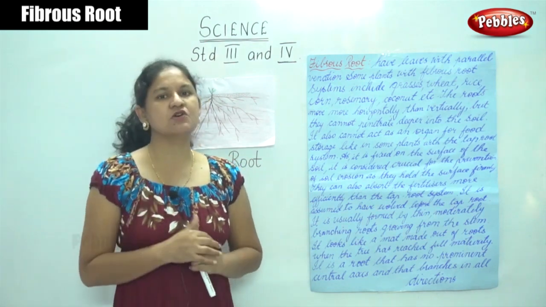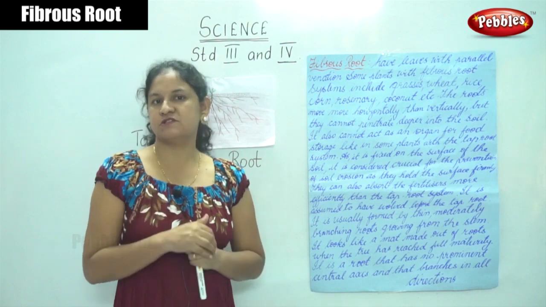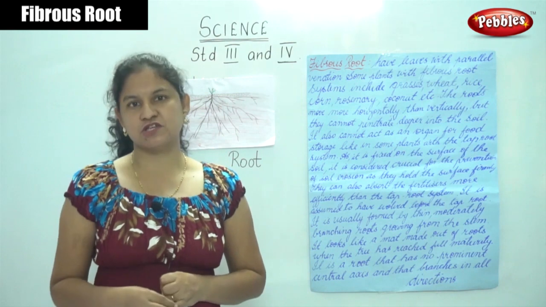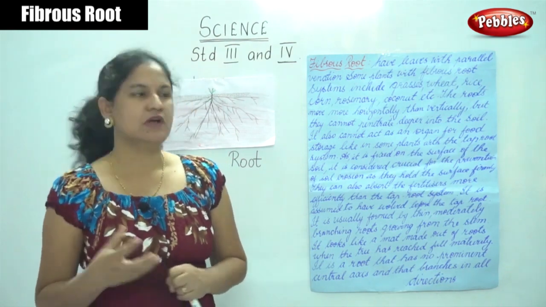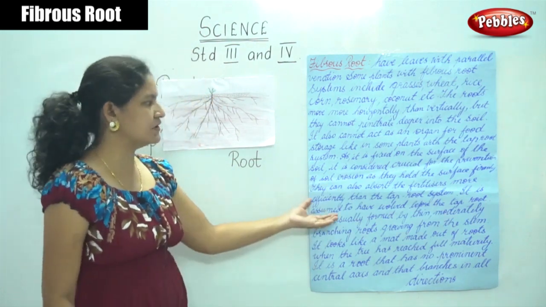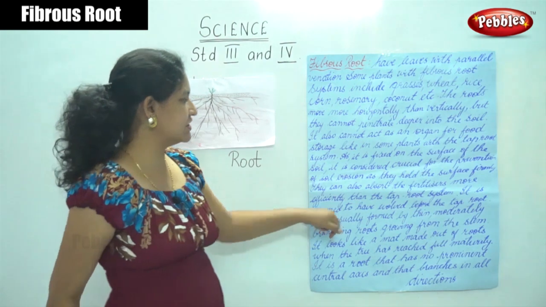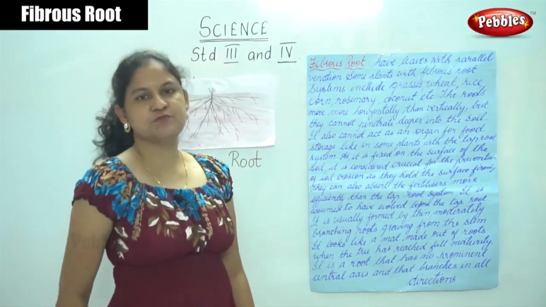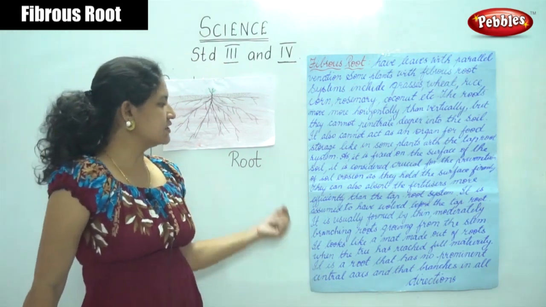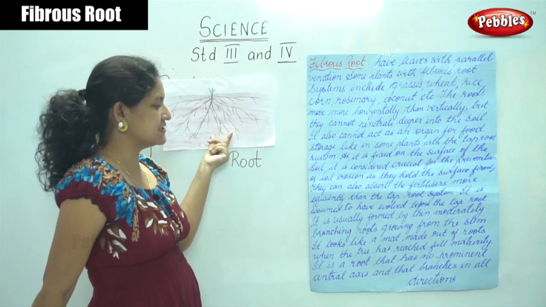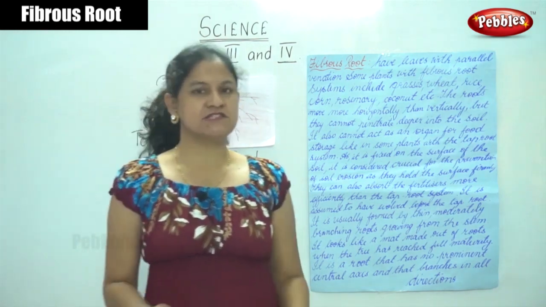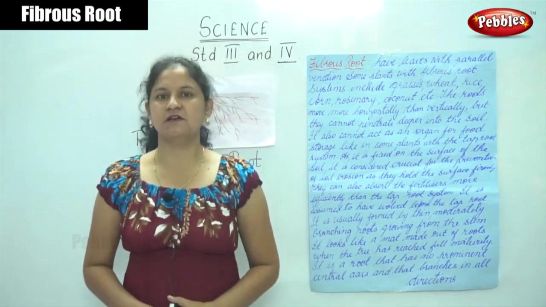Since it remains on the surface of the soil, it holds the soil firmly and does not allow soil erosion, and it is able to absorb fertilizers more efficiently. It is considered to have evolved before the taproot, and it does not have a central axis but has roots branching in all directions. So this is about the taproot and the fibrous root.